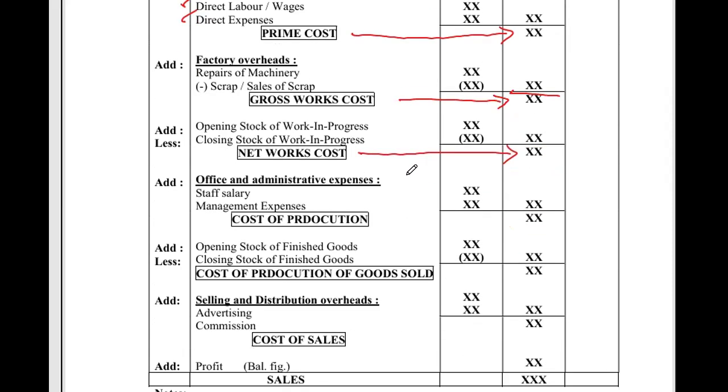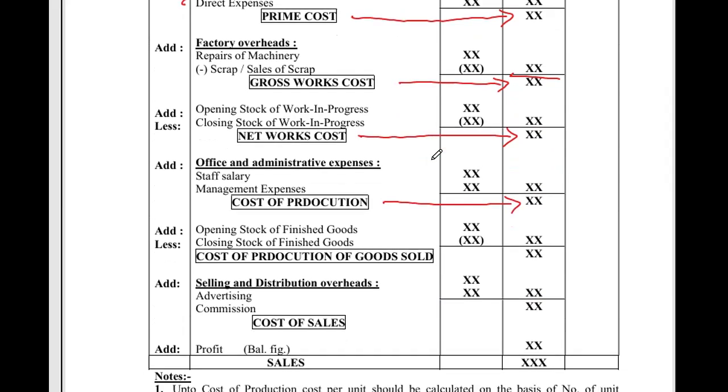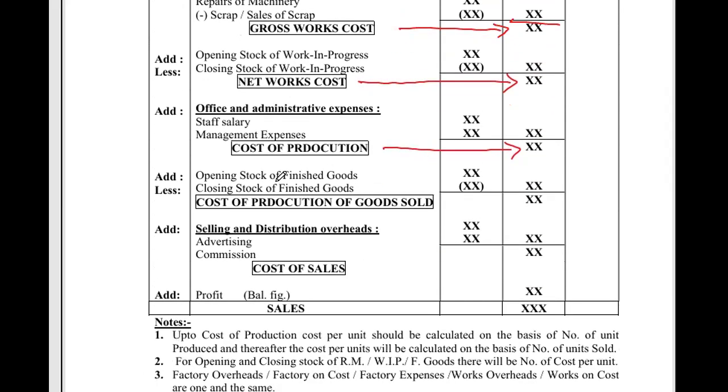From the net work cost, we will add office and administrative expenses. Examples are given: staff salary, management expenses. These are examples of office administration overheads. Adding the office and administration overheads gives the cost of production. After that, an adjustment for the opening stock of finished goods and closing stock of finished goods is done.